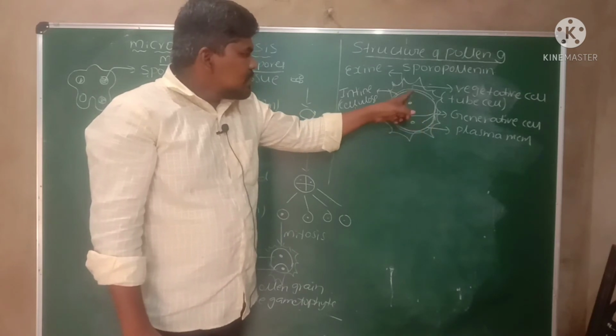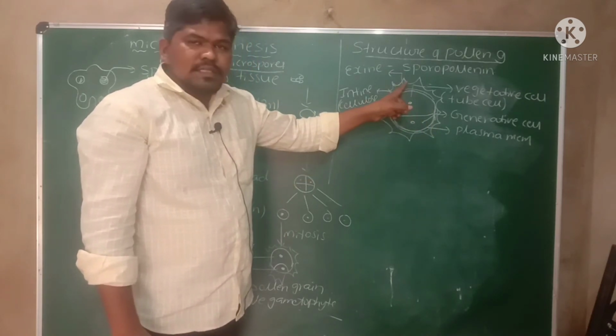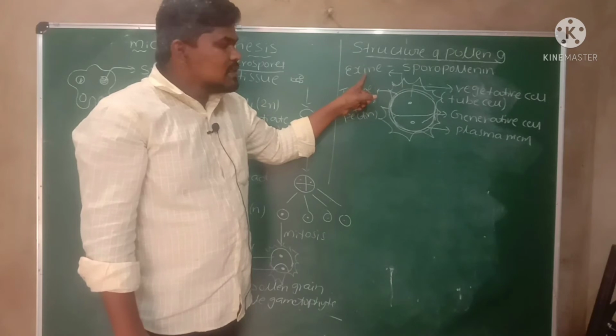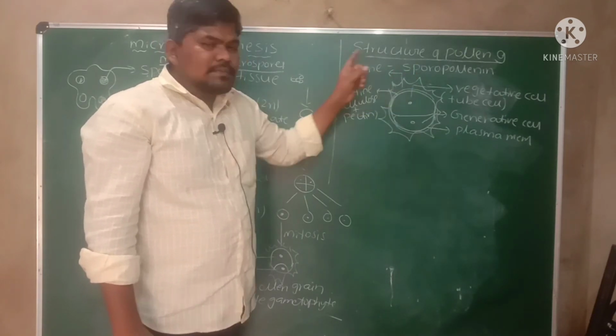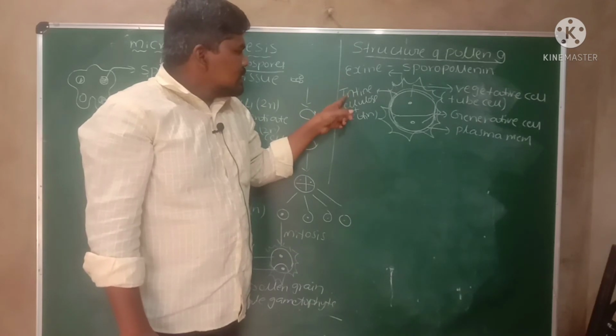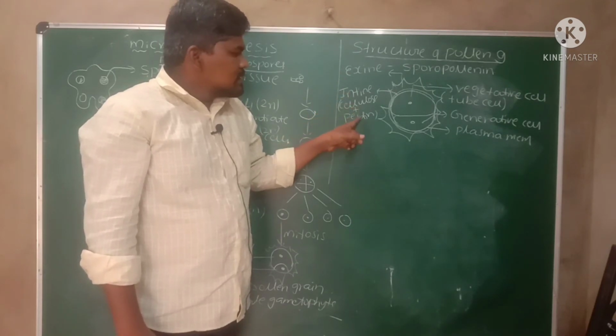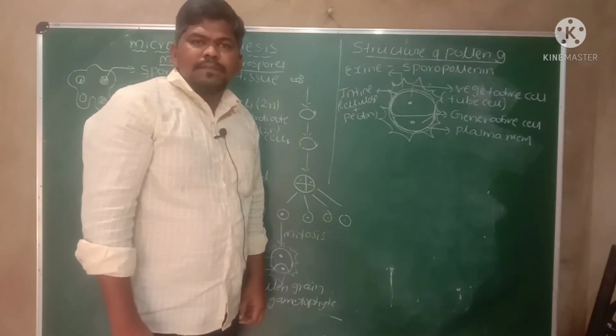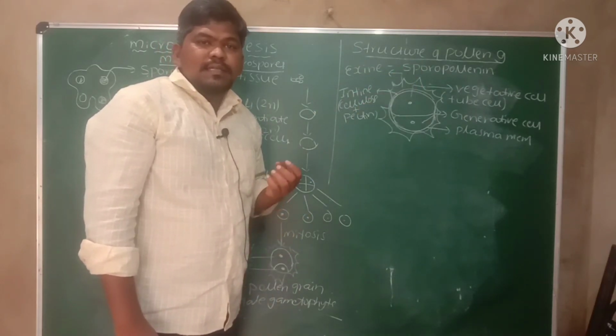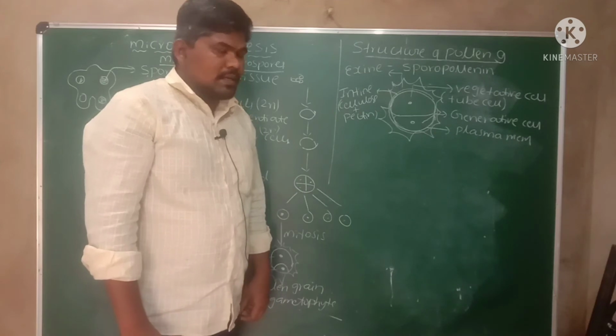Surrounding the plasma membrane, we can see 2 protective layers: number 1 is the outer exine, made with sporopollenin, and the inner intine, made with cellulose and pectin. Because of the presence of sporopollenin, the pollen grains can survive in a harsh environment.